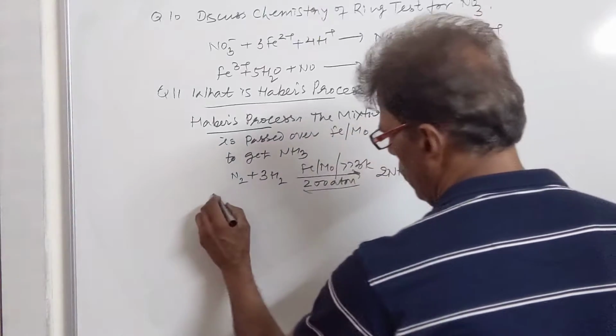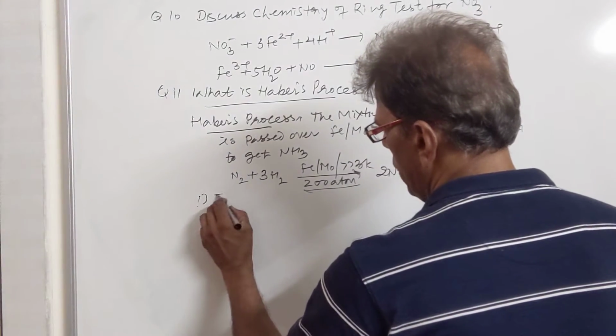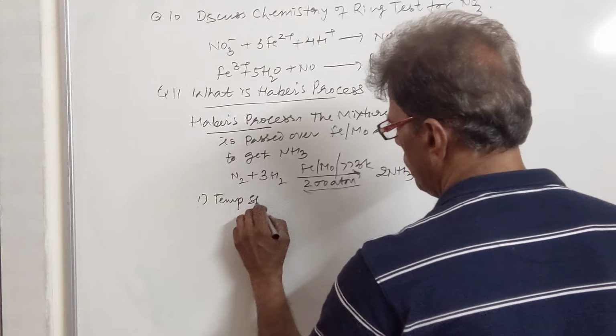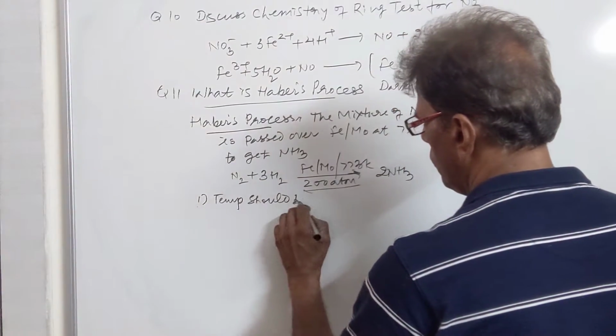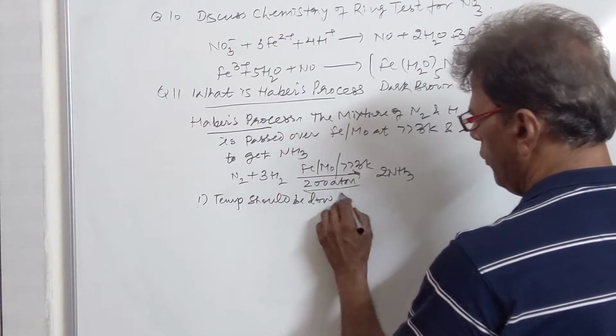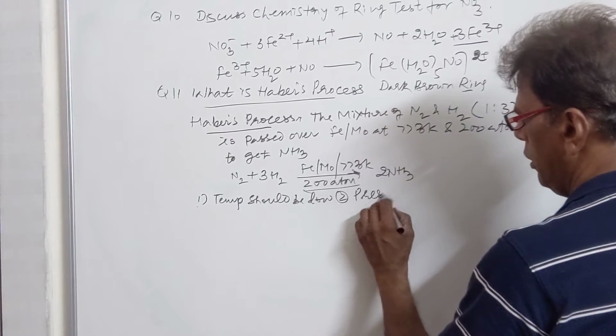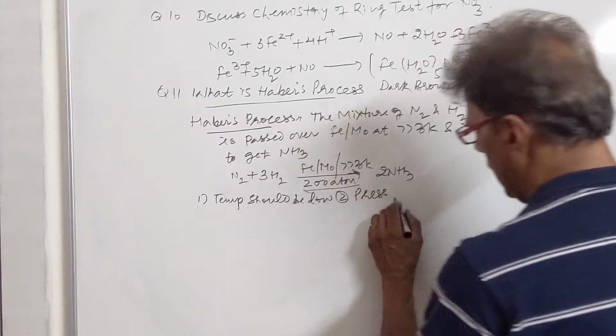To get more ammonia, temperature should be low. Second, pressure should be high because the number of moles of product is less.